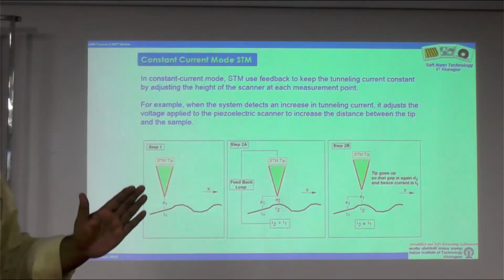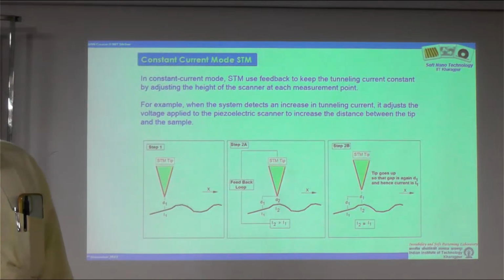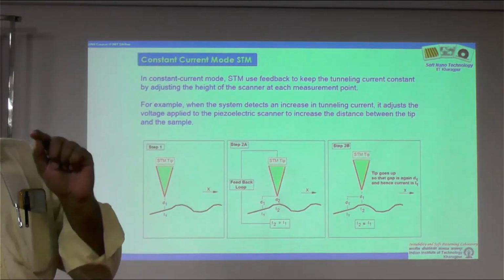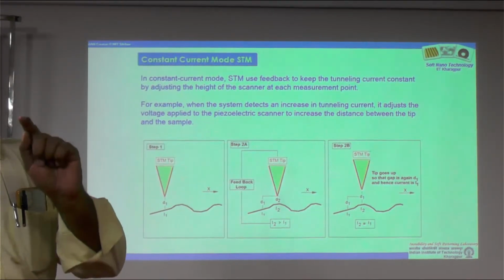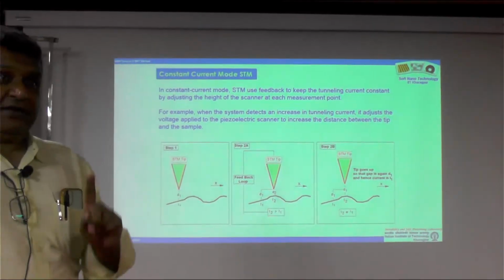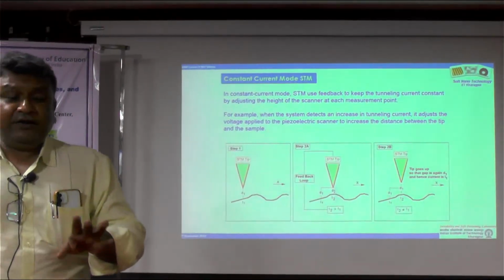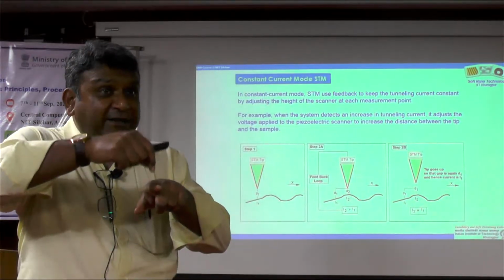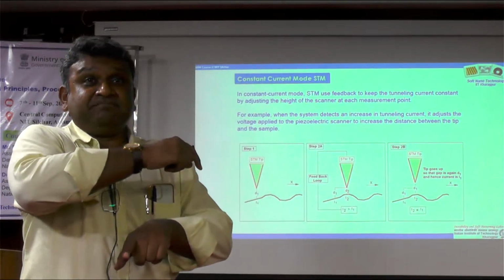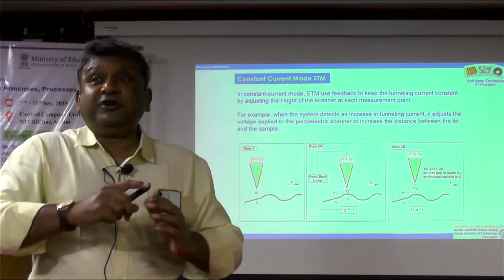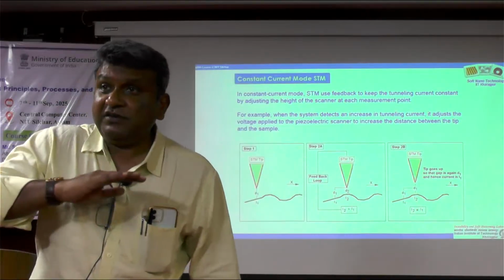But any limitation? The limitation is we are relying on the value of tunneling current. And what did I say about the requirement of tunneling current? Tunneling happens between a metallic tip and a metallic surface. So this beautiful technique, what is the beauty of this technique?